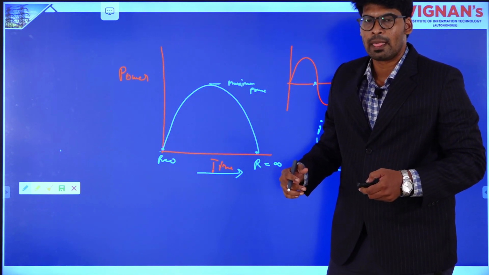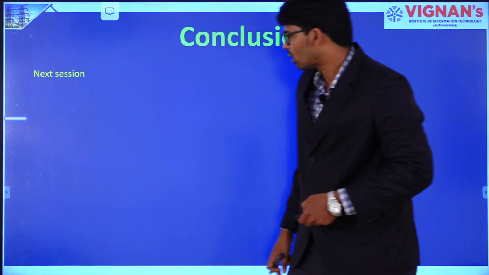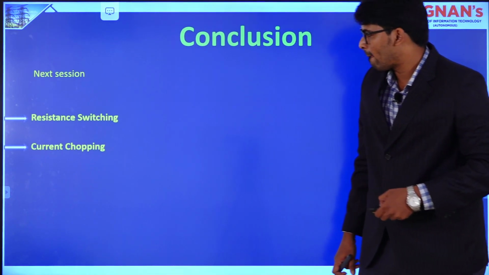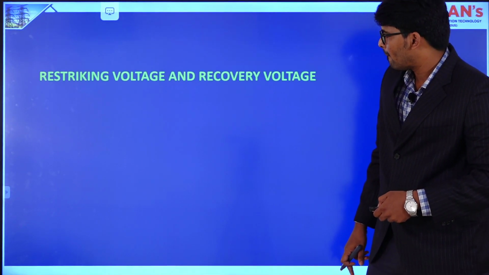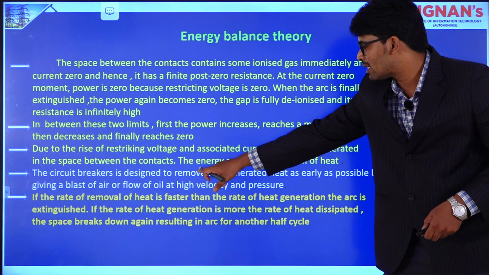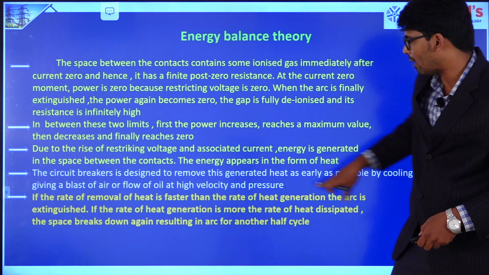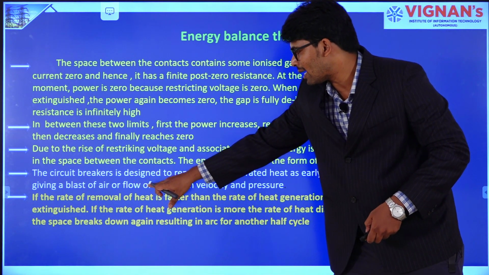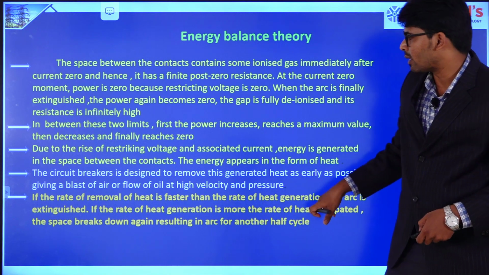The circuit breaker should be in a possible condition, that is the rate at which... See, the circuit breaker is designed to remove the generated heat as early as possible by cooling the gap, giving a blast of air or flow of oil at high voltage, high velocity and pressure.